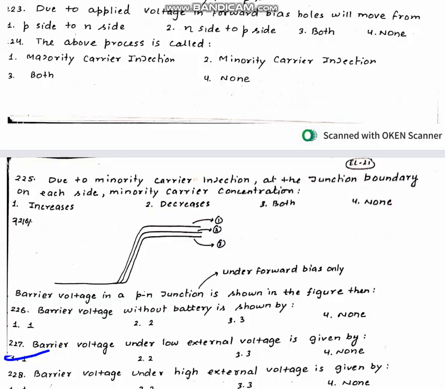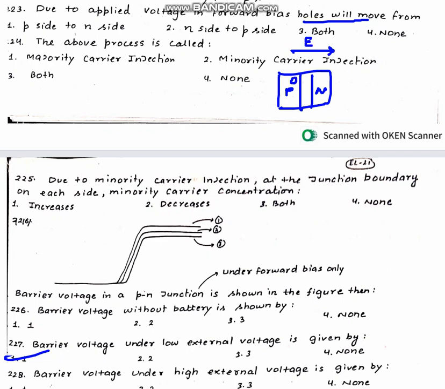Next is, due to applied voltage in forward bias, holes will move from P side to N side or N side to P side. So obviously if we consider the PN junction over here, suppose this is P, this is N. So in forward biasing, the direction of the electric field due to battery will be like this.